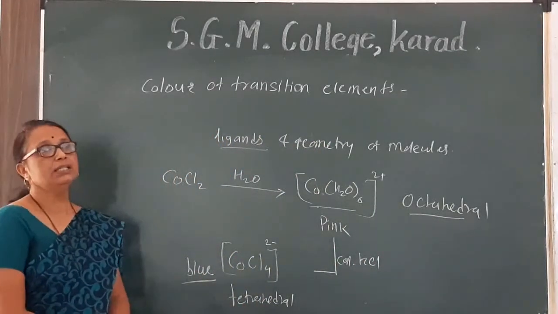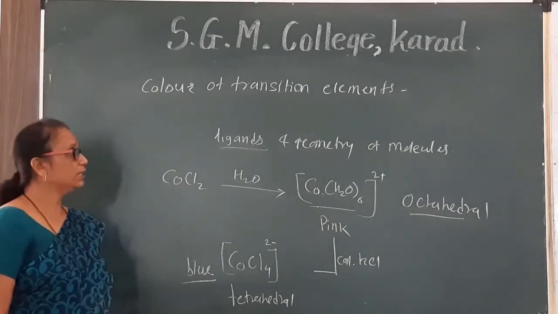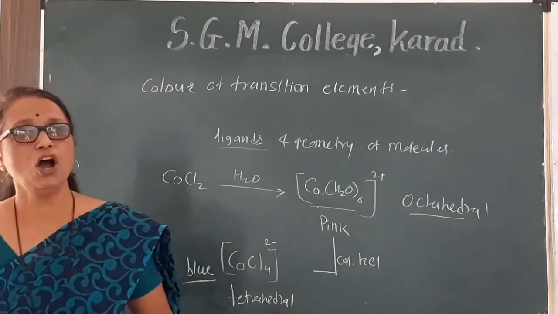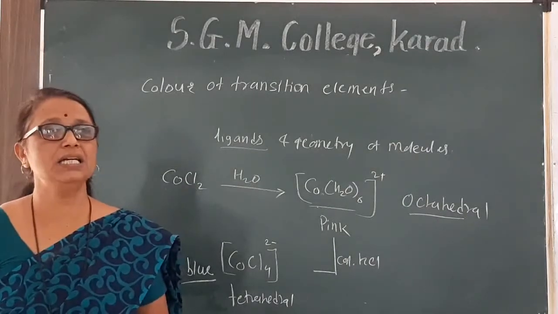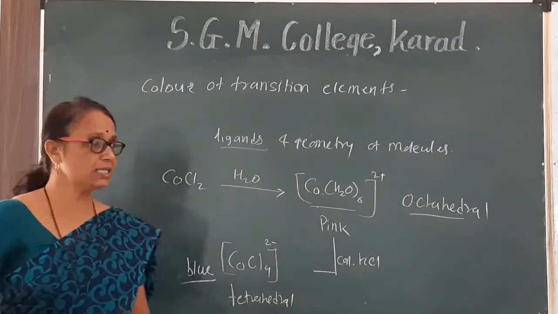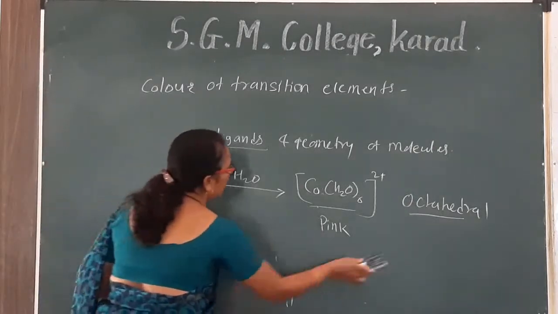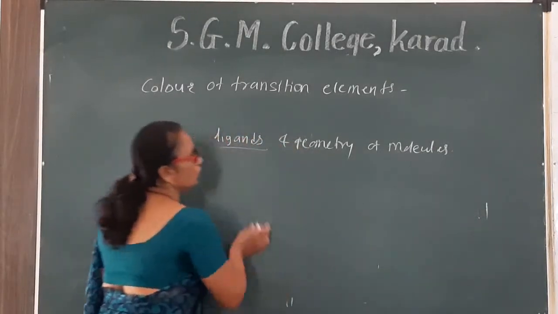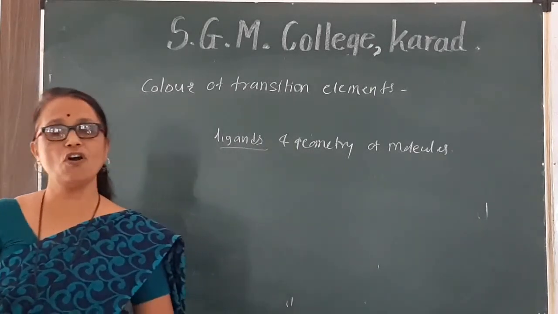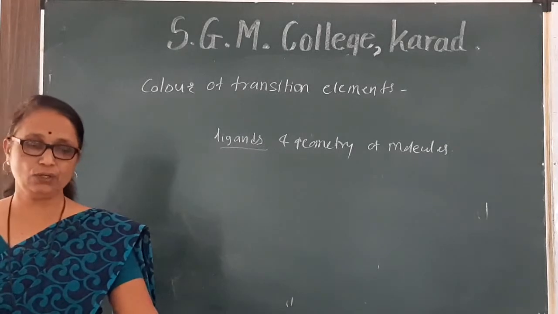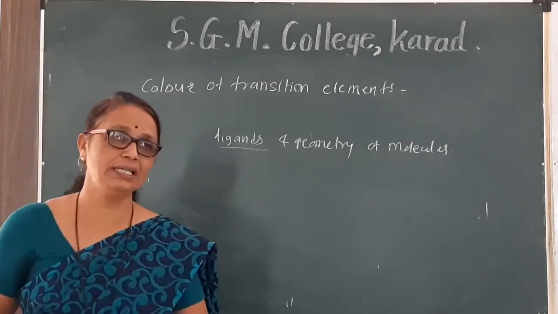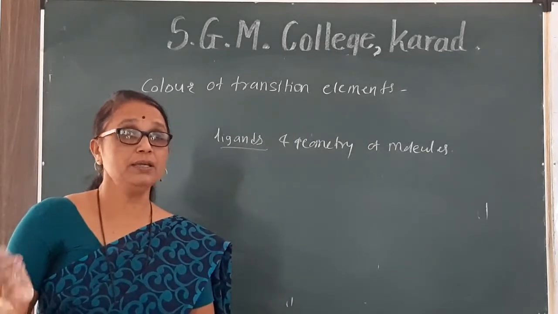That means the color of the transition metals depends on the geometry of that molecule as well as the nature of ligands of that molecule. Thus, color of transition metal ions depends on which factors? First is the presence of unpaired d electrons. If there are unpaired d electrons, then d-d transition is possible.